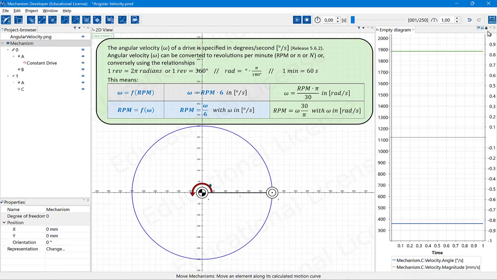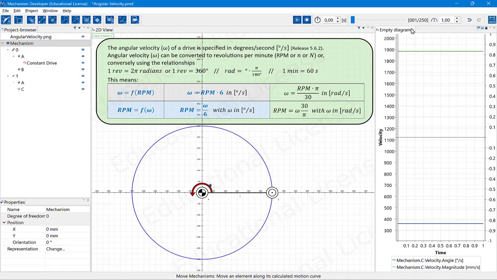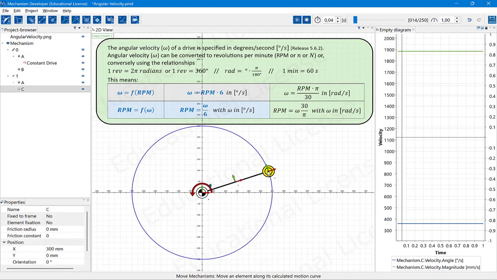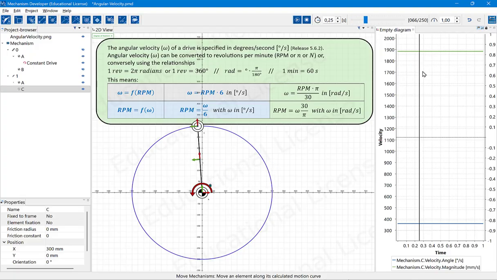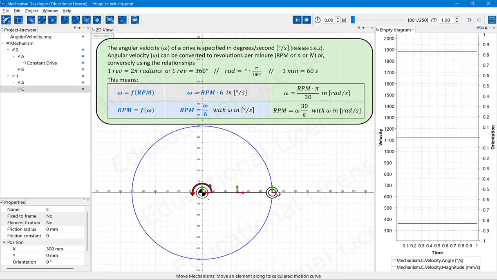Okay, just to know where it is, we can show here the coordinate system, and you see the velocity is always tangential to this circle, and we have here the angular velocity of 360 degrees, and here the other, the magnitude.